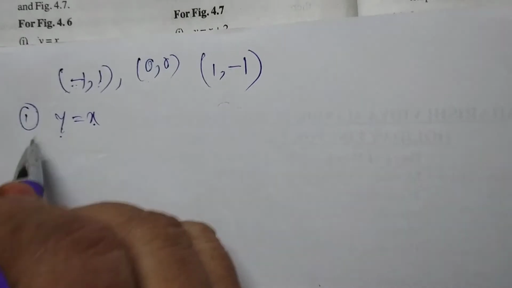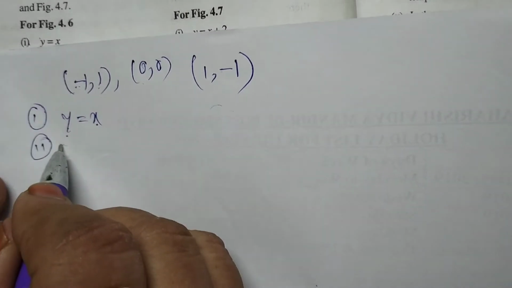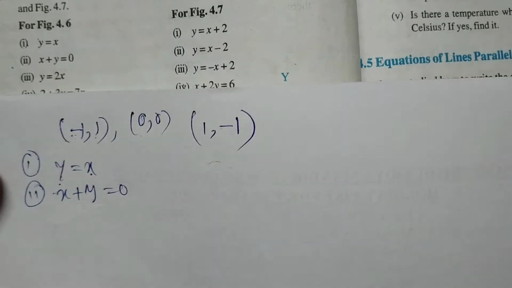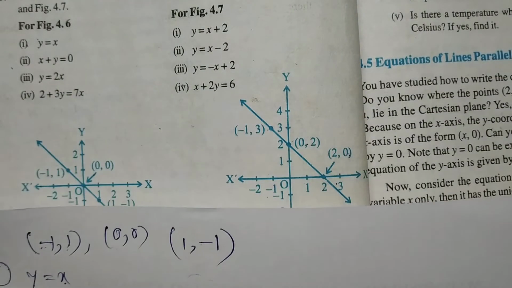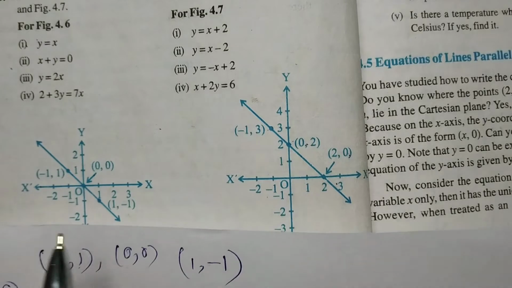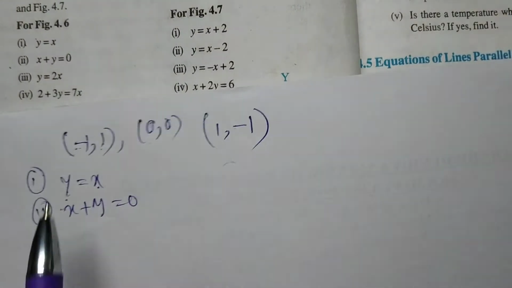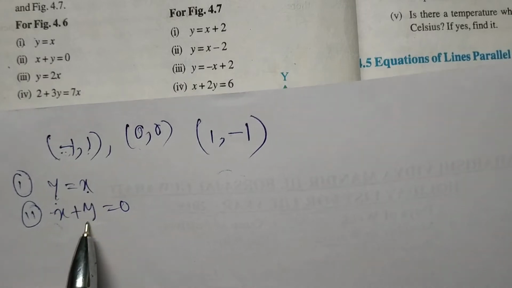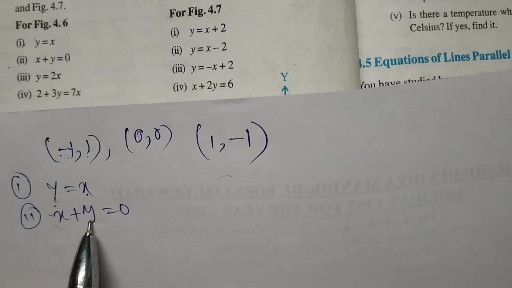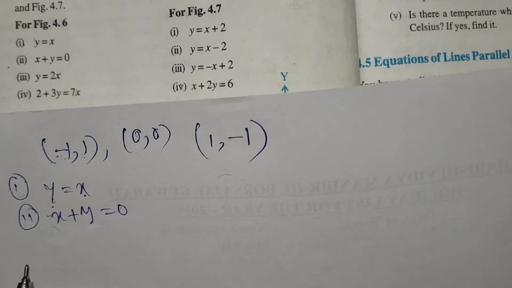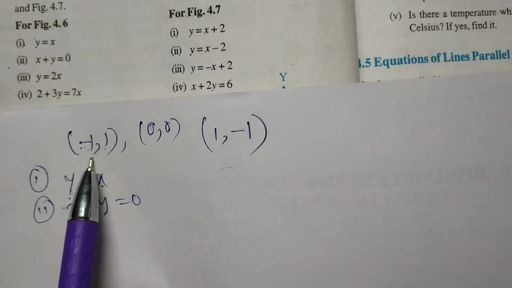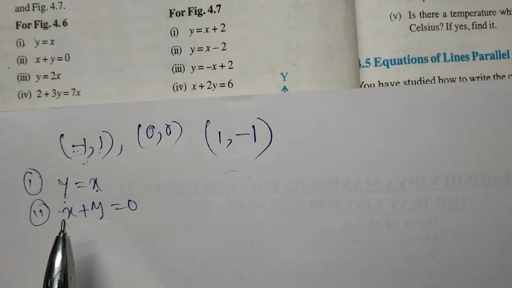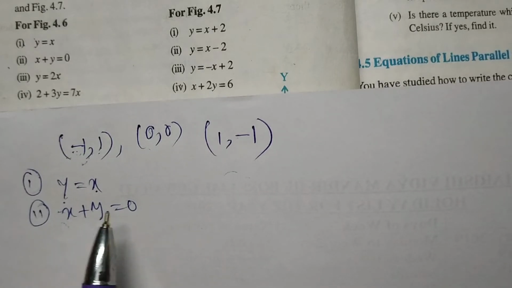Second one given x plus y equal to 0. Now if we put x equal to -1 and y equal to 1, then what happened? -1 plus 1 is equal to 0. That's why this coordinate satisfied this equation. And 0, 0, if we put x 0, y 0, then 0 plus 0 is equal to 0.